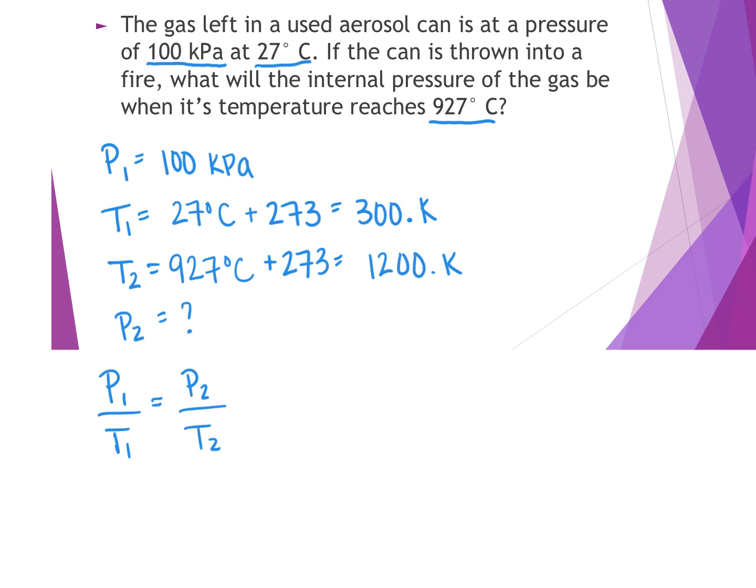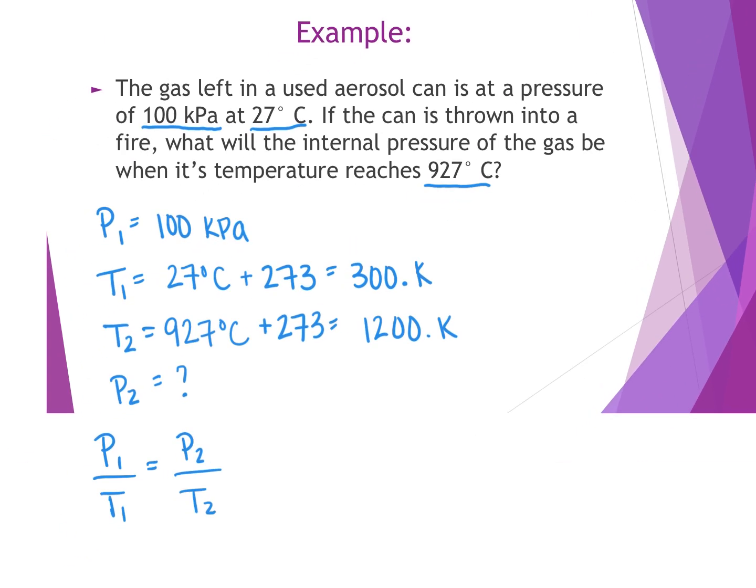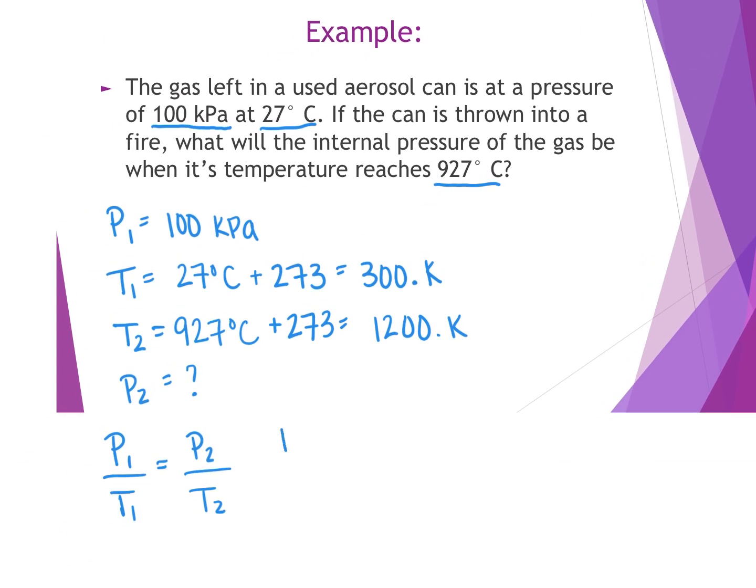So now we're going to plug in the numbers in that format. P1 is 100. T1 is 300. P2 we're solving for, so I'm just going to leave it as P2. And then T2 is 1200.